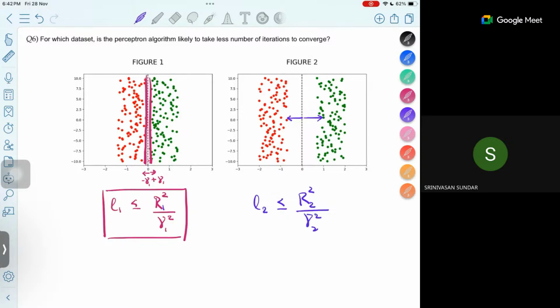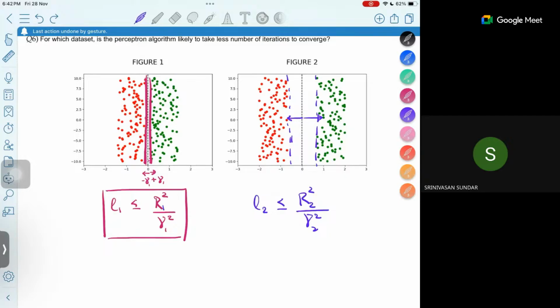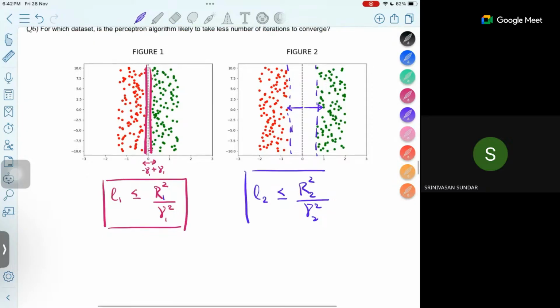Here gamma 2 is much, much larger than the first one, which means if this number is larger, then this number will be smaller. That is, L2 is inversely proportional to gamma 2. So L2 will be much lower than L1, because if you run perceptron here, it is likely to make far fewer mistakes.